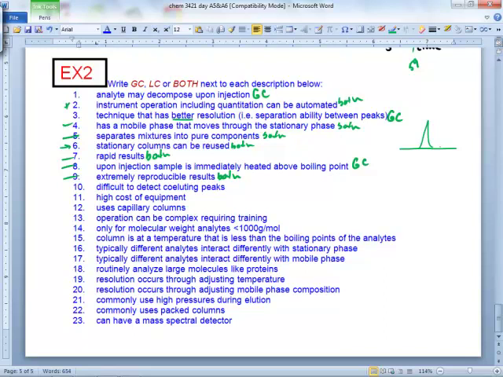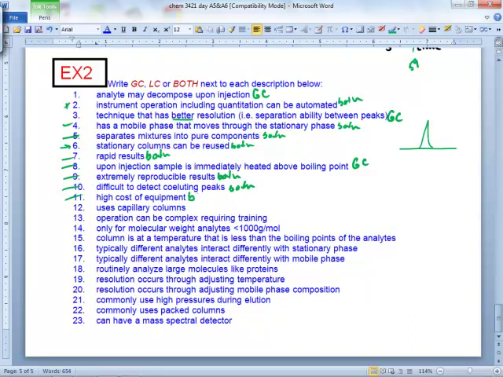I mean, it's kind of a hard question, but you can have co-eluting peaks in anything. I think it's both, but it might be worse for LC, but I would answer both. High cost of equipment, Kat. Yeah, they're both pretty expensive.